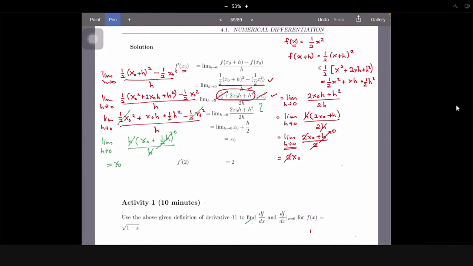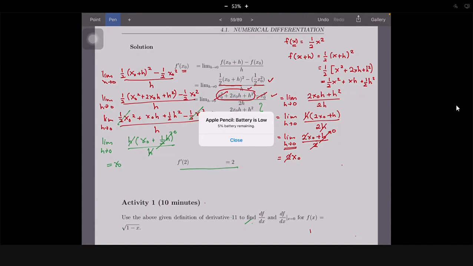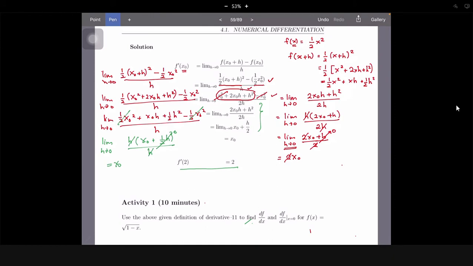So the next soalan dia nak cari ni lah kan. Okay, the derivative of f tersebut pada nilai 2. Okay. Ashila ada soalan ke?